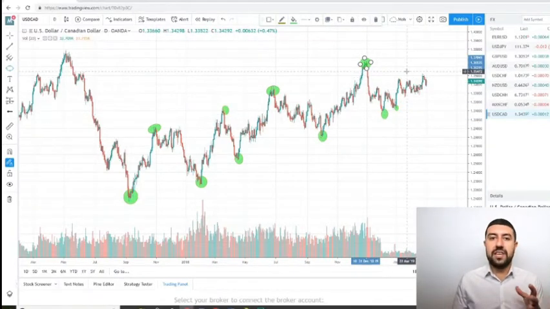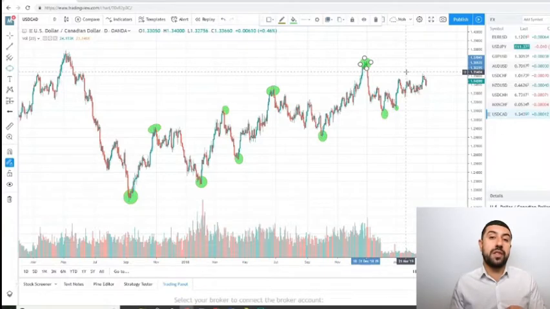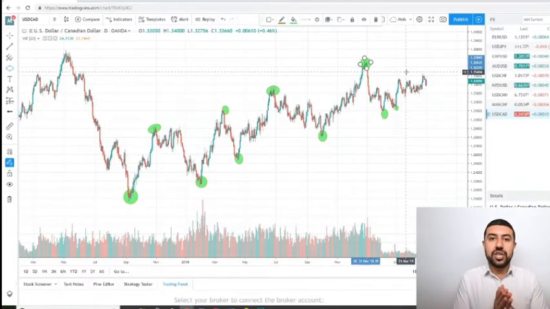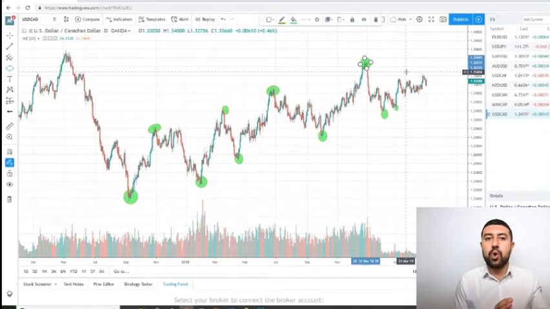You might have heard the expression before, the trend is your friend, or don't go against the trend. Why? Because it's been proven that when something is going in a specific direction, it's more likely to keep going in that direction. When you have momentum, a force in a specific direction, let's say a train going in a direction, it's hard for it to stop or go in the other direction.